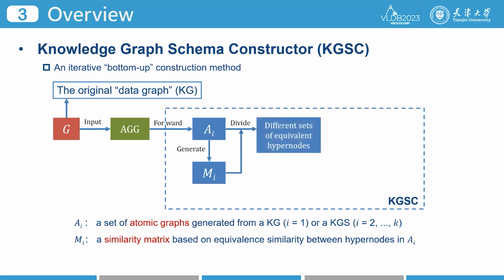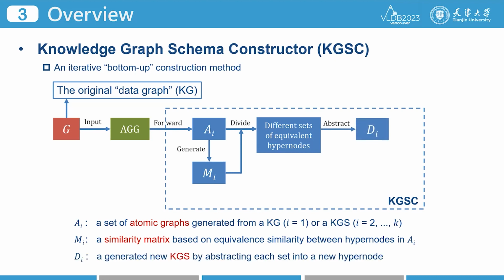And then A1 is divided into different sets of equivalent hypernodes according to this matrix. Eventually, the result of this round of iteration can be abstracted as D1 in the graph.